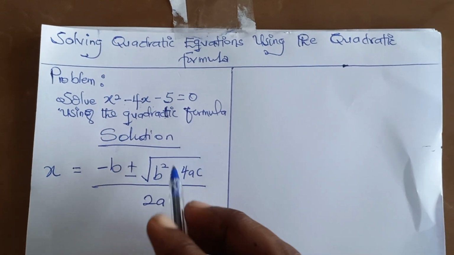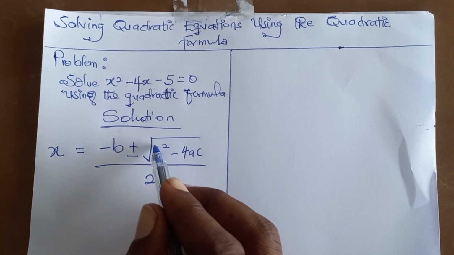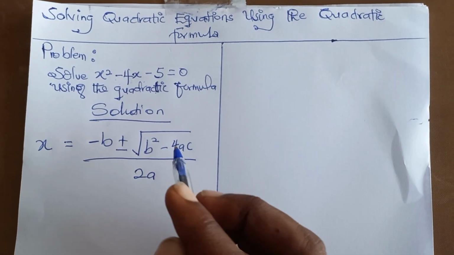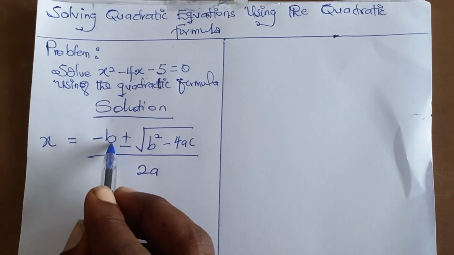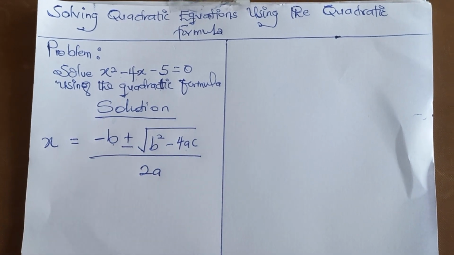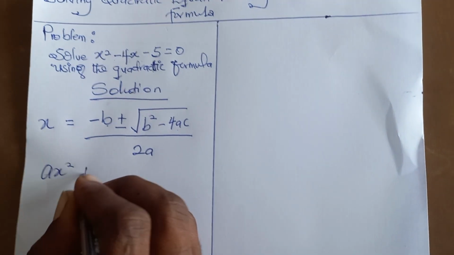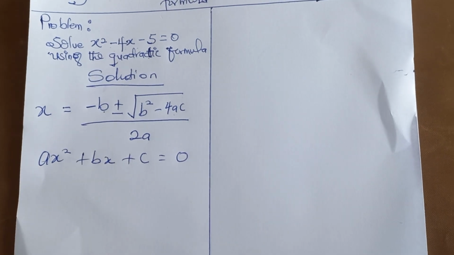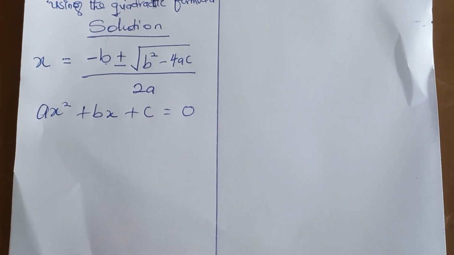For those of you doing relative mathematics or further mathematics, what is inside the root is what we call the discriminant. Okay, good. So the b, a, and c are coming from the quadratic equation, which was ax squared plus bx plus c is equal to 0. Good. So we had it from the quadratic equation.